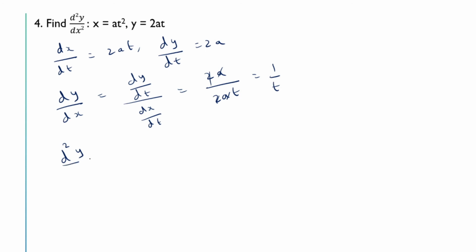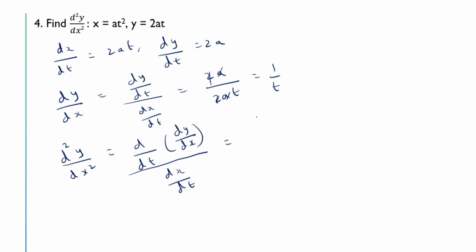Now d square y by dx square is d by dt of dy by dx the whole divided by dx by dt. So this is equal to d by dt of 1 by t the whole divided by dx by dt, which is 2at.